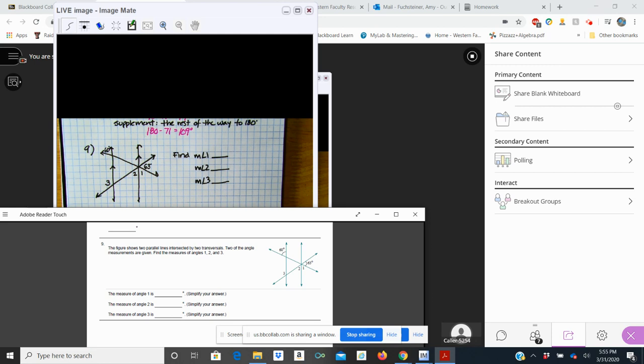So what do we got? Yeah, I can do 180 minus 63, but that'll give me those two together, not separately, right? So it might be helpful, but right?